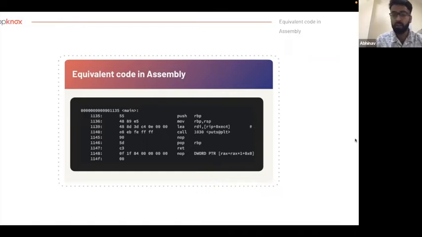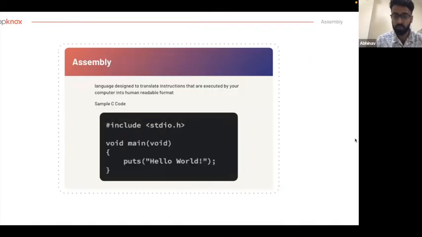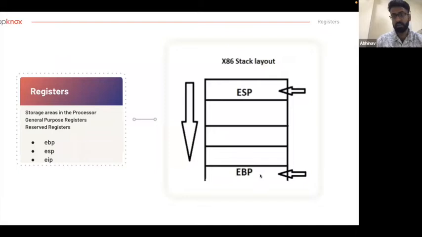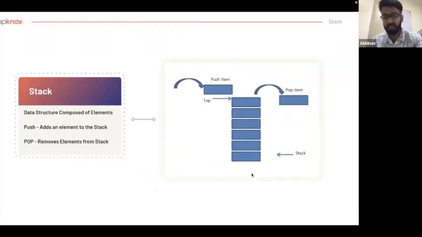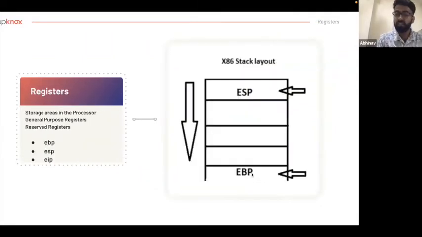I can show a visual representation of what is happening in one of the previous slides. Here we have the function. There is a stack pointer on top and a base pointer at the bottom. When we do push RBP, the base pointer gets pushed to the stack. The next instruction is move EBP, ESP.